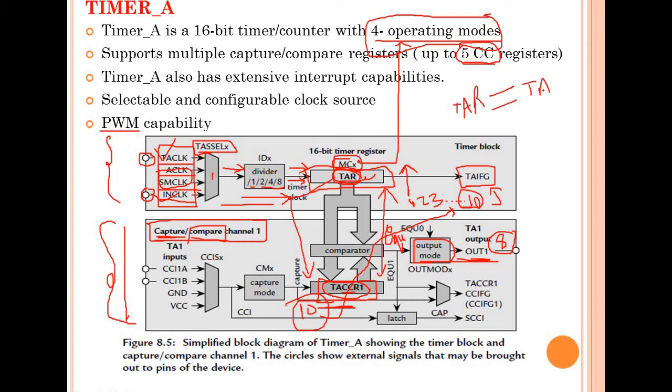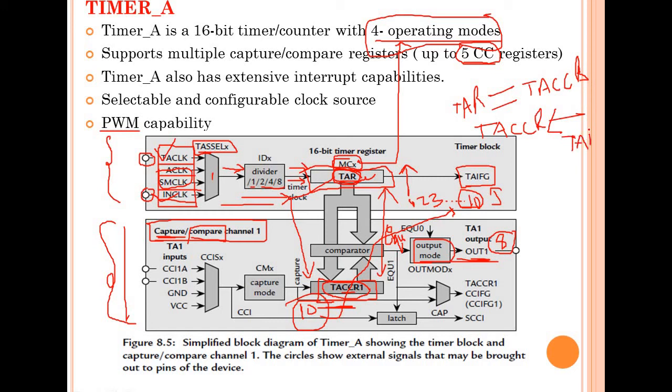Simple thing, remember one thing. Comparing means comparing the value present in TACCR1 and the value present in TAR. That's all. Capturing means when the input changes, store the value present in TAR into TACCR1. That is capturing. That's all.